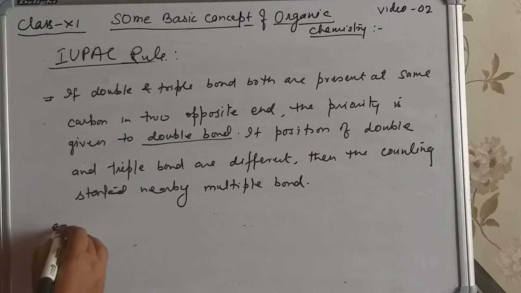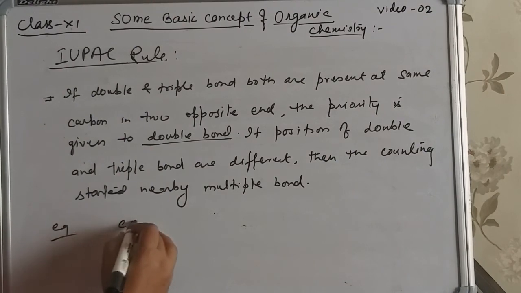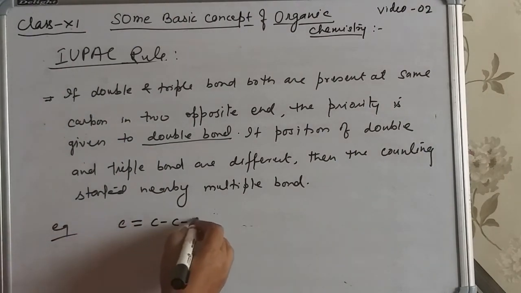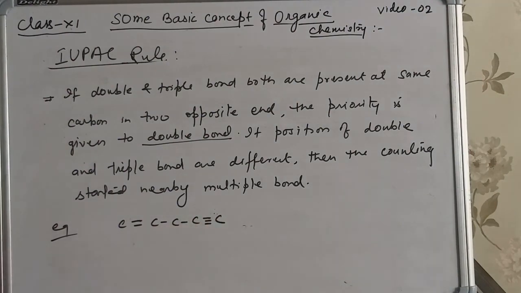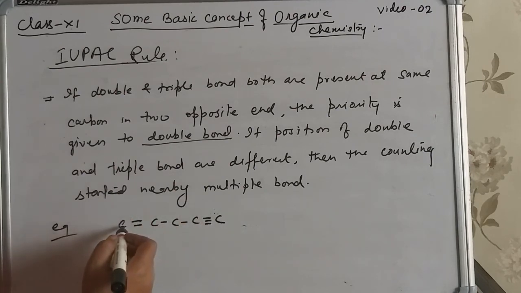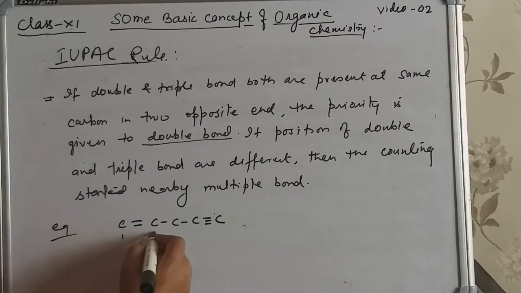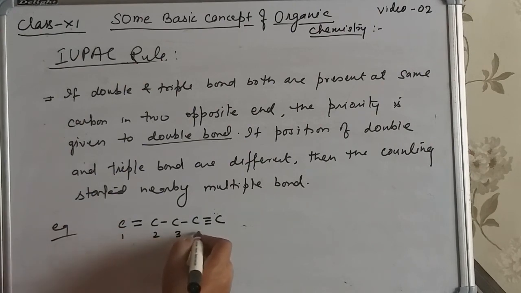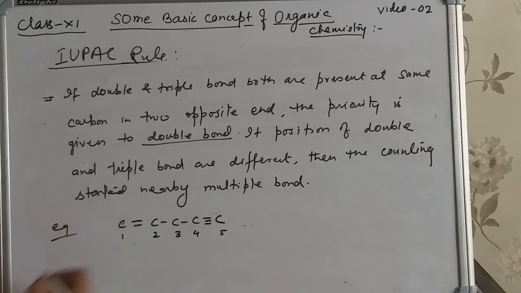For example, if we count from this side, the triple bond comes at position 1. If we count from this side, the double bond comes at carbon 1. So priority will be given to the double bond. In this way we count the correct order 1, 2, 3, 4 and 5.